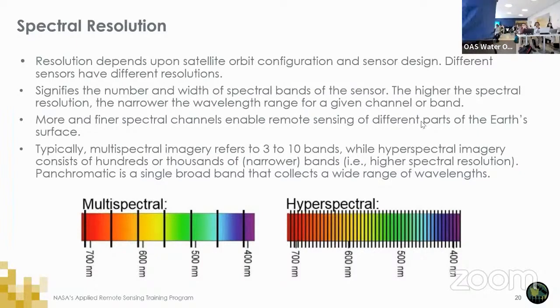The vast majority of NASA's missions are multispectral. But in 2 years, NASA will be launching a hyperspectral instrument. And I'm going to circle back to this idea soon in terms of how the computing power needs to be improved, or has been improved, because when that mission launches, the first year of collecting hyperspectral data will be more data than NASA has collected in the history of the agency for all of the missions.